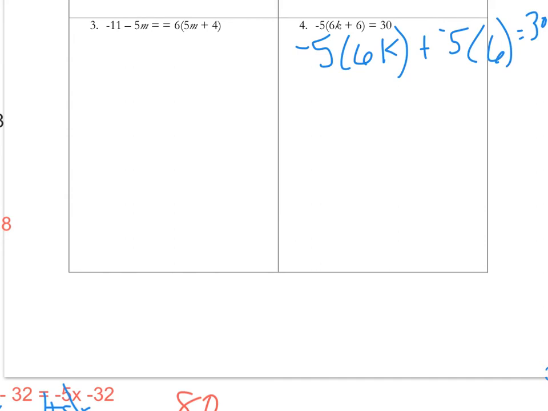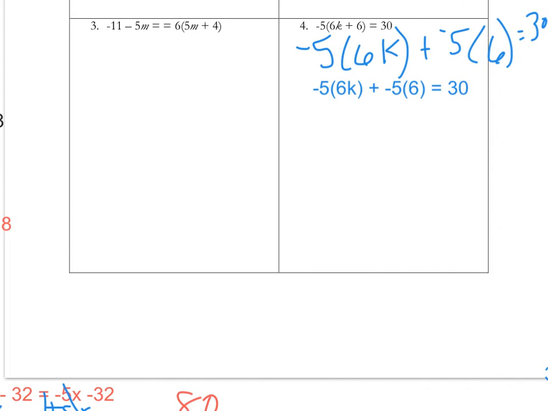And I'll rewrite that so it's a little easier to read. Negative 5 times 6k gives us negative 30k, plus negative 5 times 6, negative 30, equals 30.